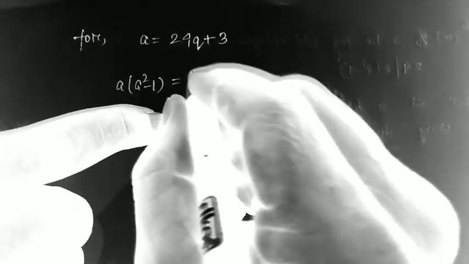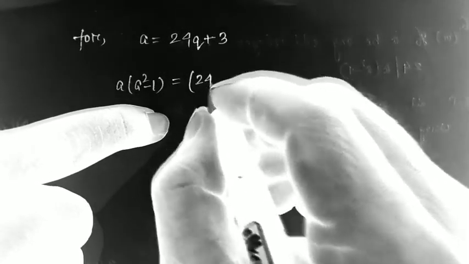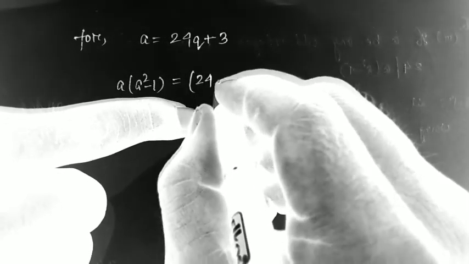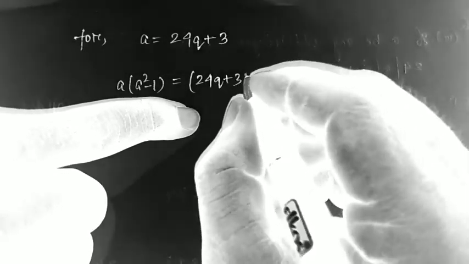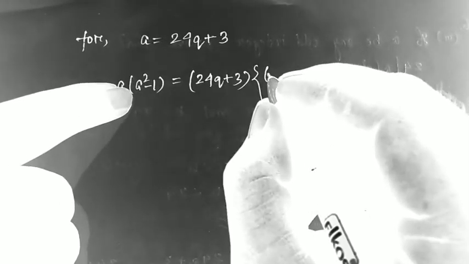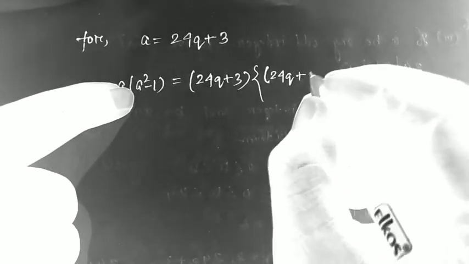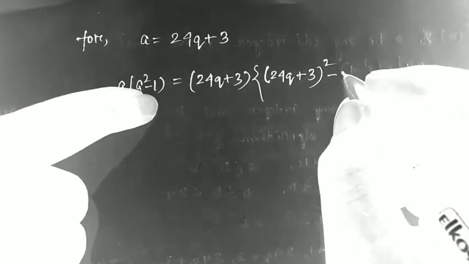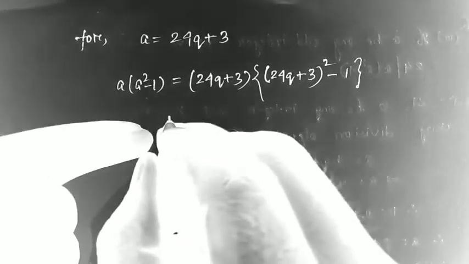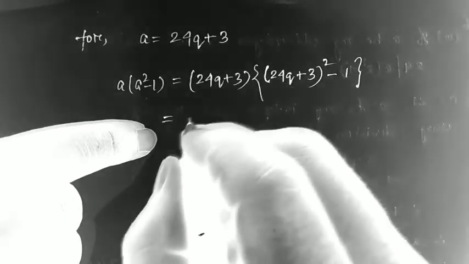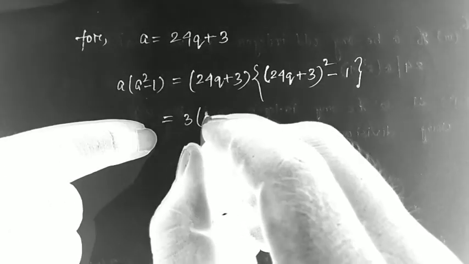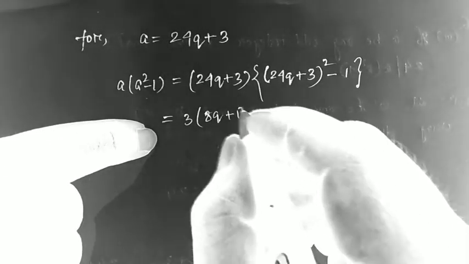A means 24q plus 3, and here 24q plus 3 whole square and minus 1. Here from these two terms we can take 3 common. Here remains 8q plus 1.